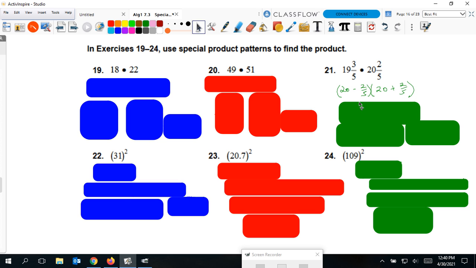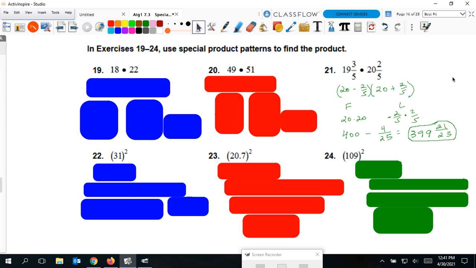We do 20 times 20 for the first terms, and negative 2/5 times positive 2/5 for the last terms. That gives us 400 minus 4/25, since 2 times 2 is 4 and 5 times 5 is 25. That makes 399 and 21/25.